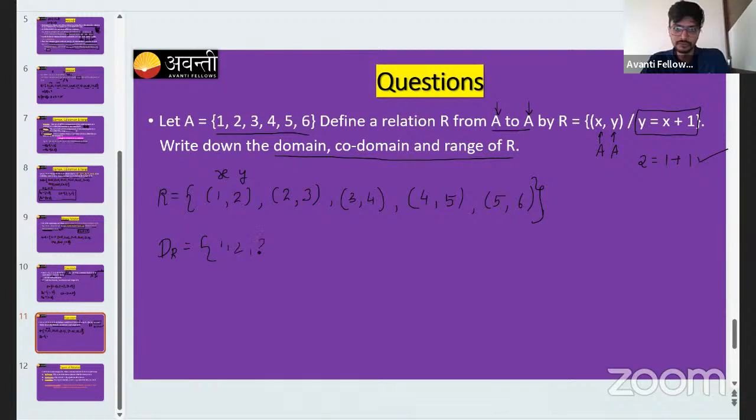Correct. Range. How do I define range? 2, 3, 4, 5, 6. Now let's talk about codomain. If a relation is defined from A to A, then the second set is my codomain. Means your codomain is basically the set A.